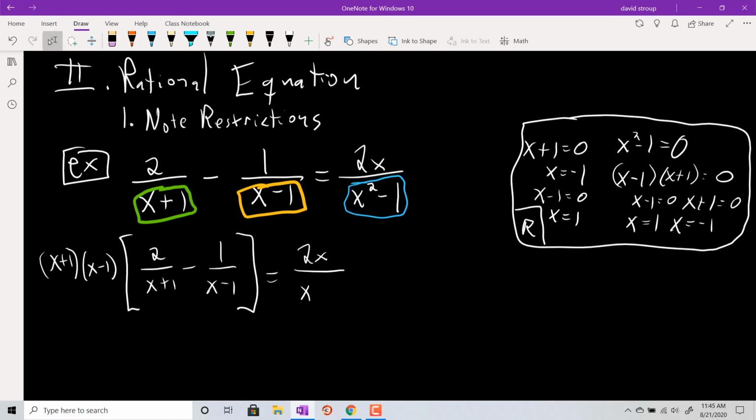I'm going to factor the x squared minus 1, as a reminder that x squared minus 1 is the same as x minus 1 times x plus 1.